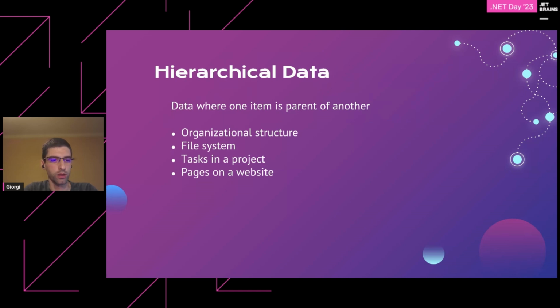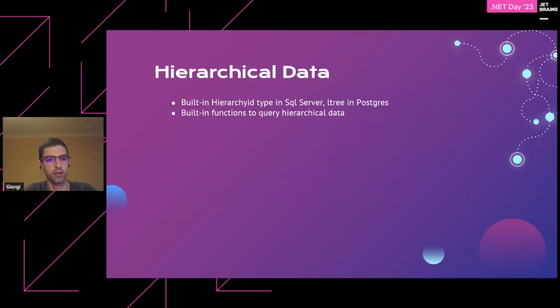And if you have worked with it, you probably know that it can become tricky to query the ancestors and descendants of the data. For this reason, there is a built-in hierarchy ID type in SQL Server, which has some useful functions for querying hierarchical data.